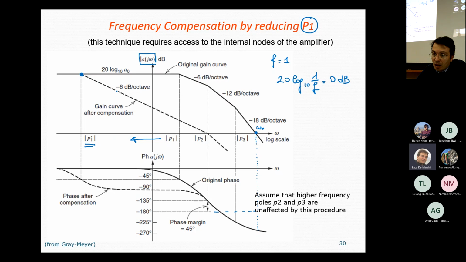We go straight up to P2 because this P1 does not exist anymore. So P1 is shifted, so we have no more the pole here. So we get to P2. After P2, we have another minus 6 dB. So after this point, we will be losing minus 12 dB per octave.